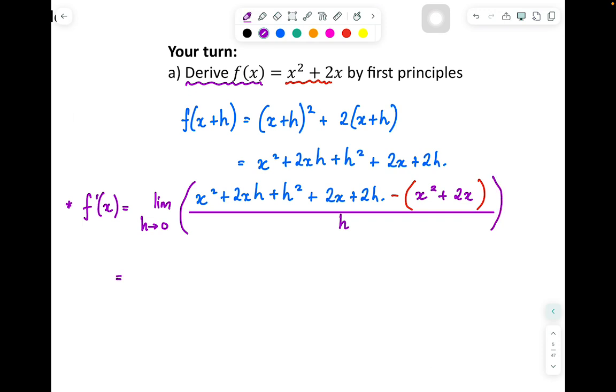This is a very common mistake that I see over the years, that students forget to apply that. But by doing this negative and making it clear, you can see that the x squared terms cancel each other out, and also the 2x here also cancels out.